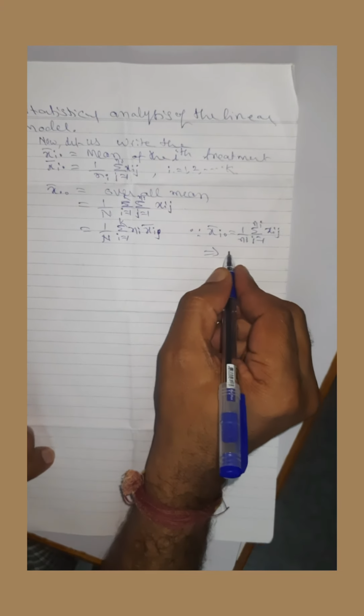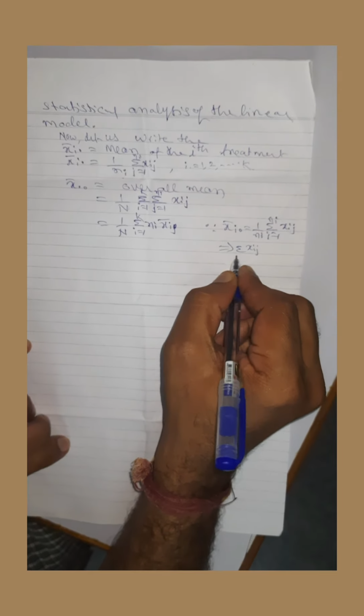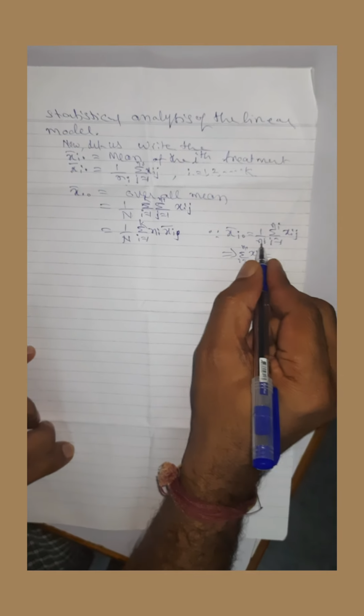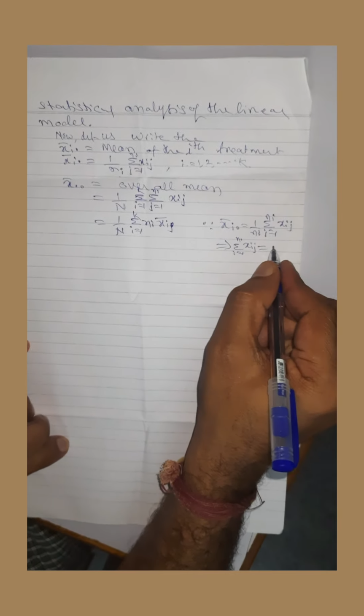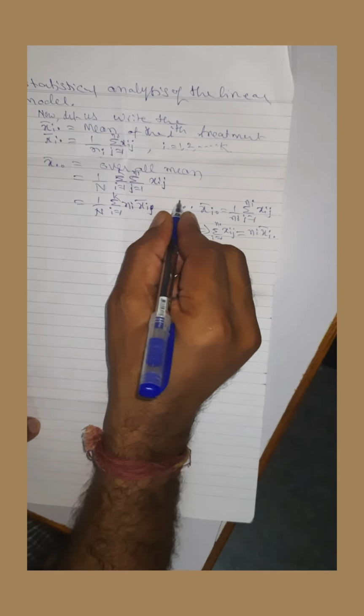This implies summation xij, j is equal to 1 to ni, is equal to ni into x bar i dot.